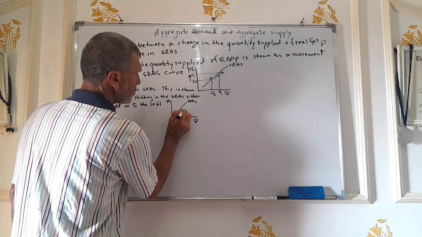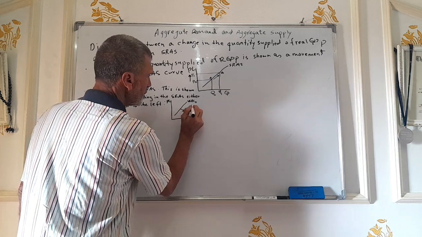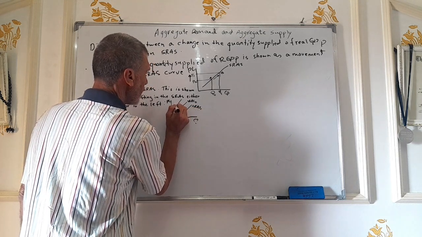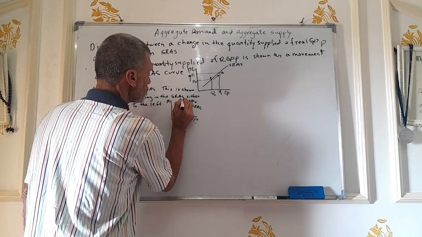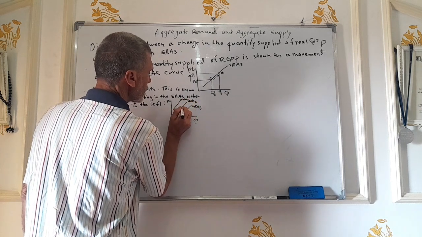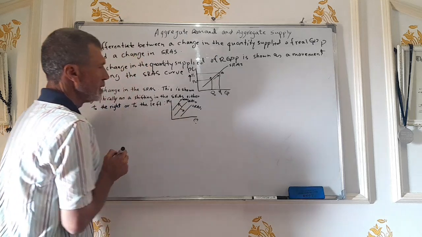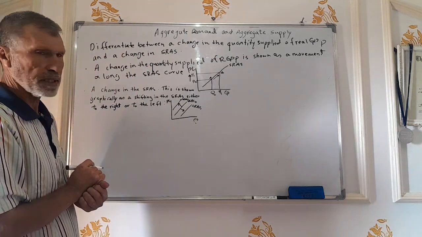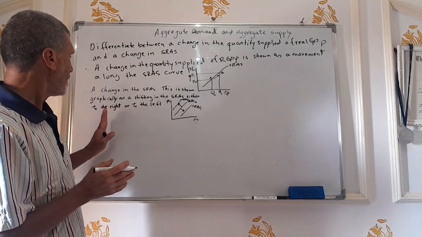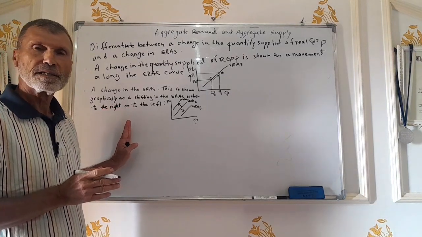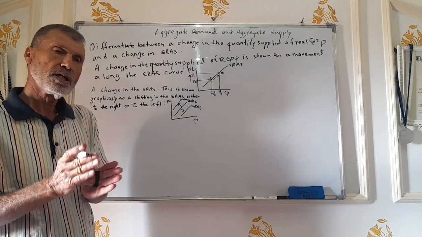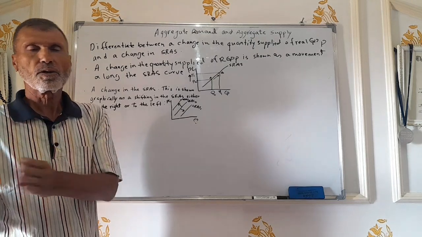It could shift to the right, short-run aggregate supply 1, or shift to the left, as you can see, short-run aggregate supply 2. Now here we're going to talk about the factors that cause the short-term aggregate supply to shift either to the right or to the left.